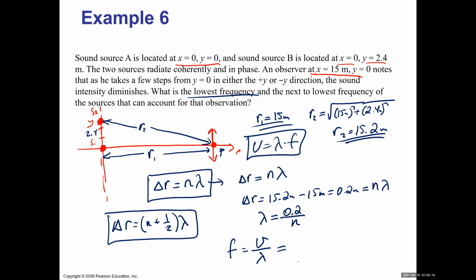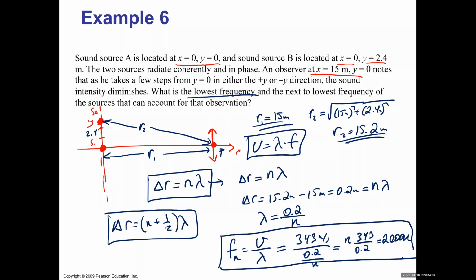Which then will give me 343 meters per second, where wavelength is 0.2 over n, so this is n times 343 divided by 0.2, which gives me, roughly speaking, 2000 n, rounded to the nearest thousand. So 2000 n. That means this is f of n, and it equals 2000 times n.